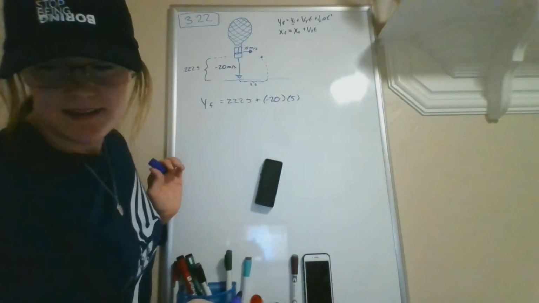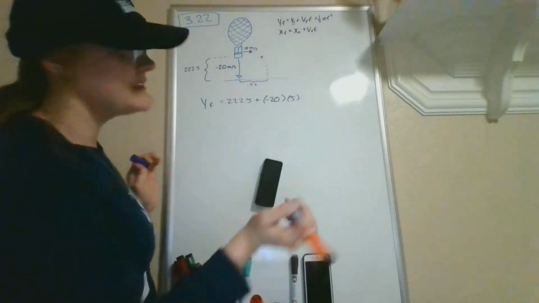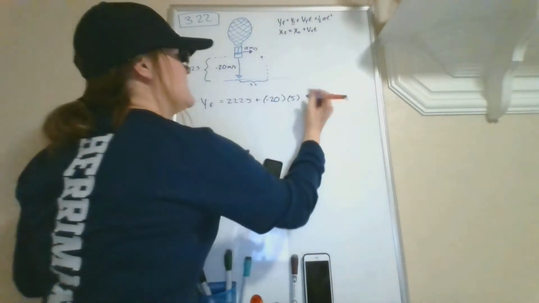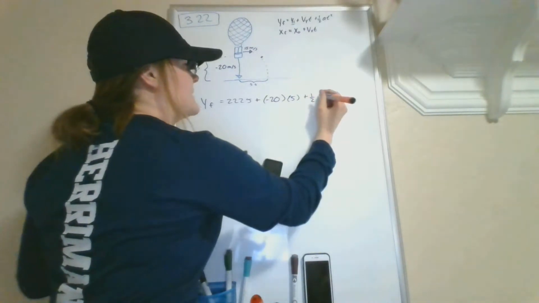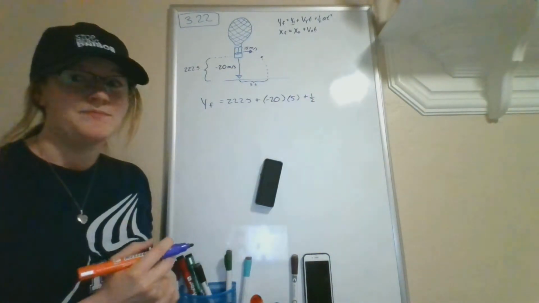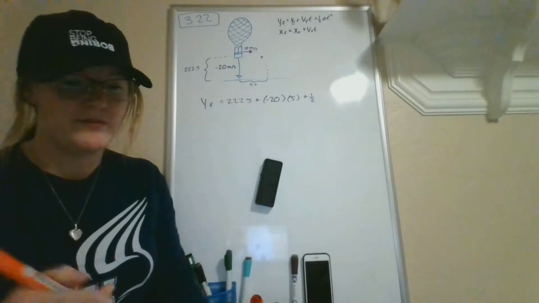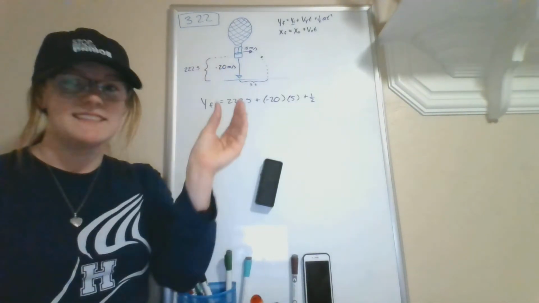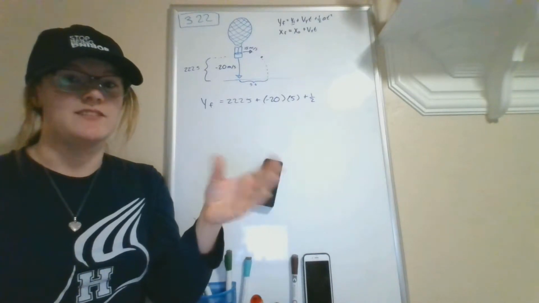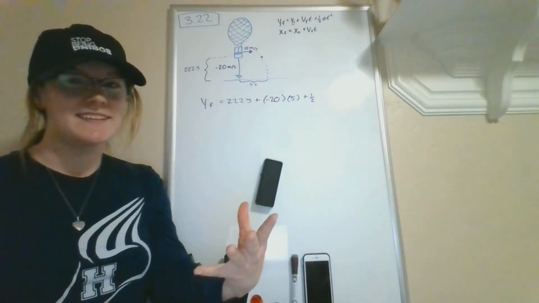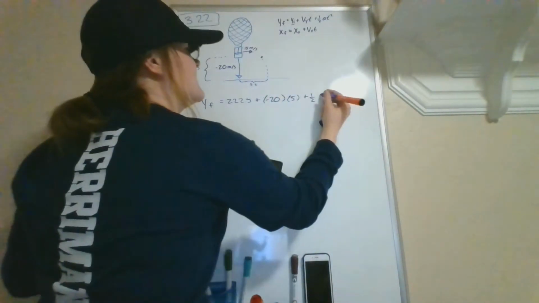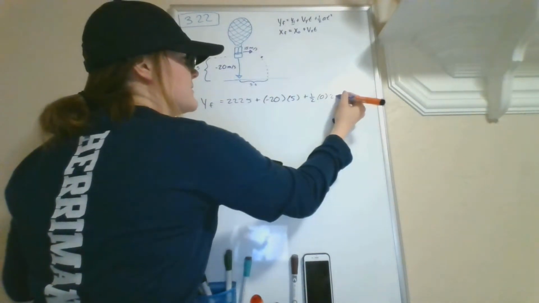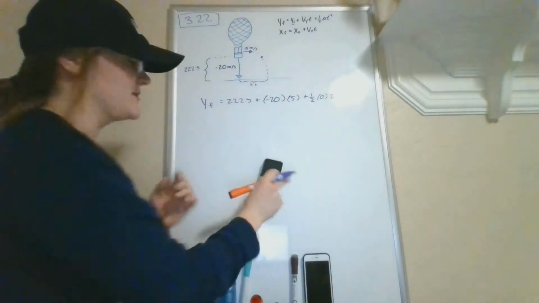And then, this time, for the acceleration of the balloon, there's a keyword when you read it: it says that the balloon is falling at a constant velocity. So since it's a constant velocity, the balloon itself doesn't have acceleration, which makes this acceleration 0 times time squared, which is 25, but that's just going to be 0, so we're just going to erase that part.